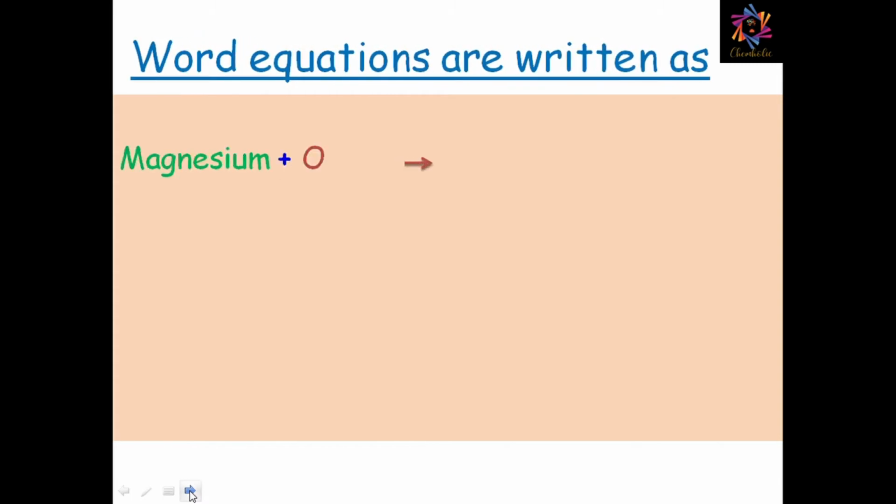So guys, you see the word equations are written like this. You can see here magnesium and oxygen, they both are reacting and they are forming a magnesium oxide product. So we have this magnesium and this oxygen on the left hand side, and this magnesium oxide is on the right hand side of the equation. Also we see an arrow between them.